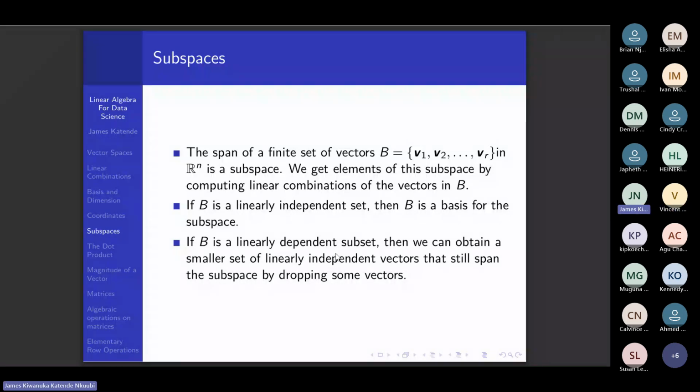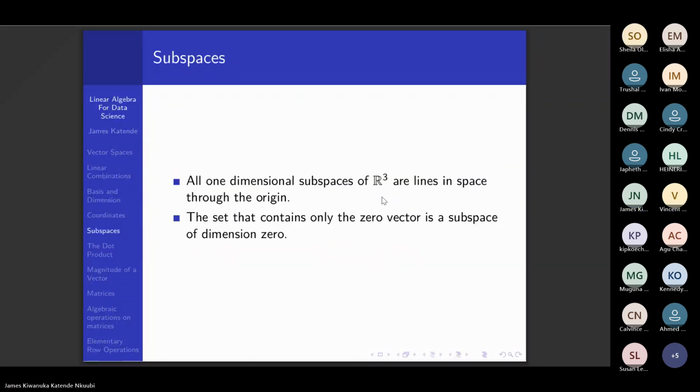So I don't know if I have an example of this. This again just repeats what we said. The one-dimensional subspaces of R3 are lines through the origin. We saw earlier that the two-dimensional subspaces of R3 are the planes through the origin.